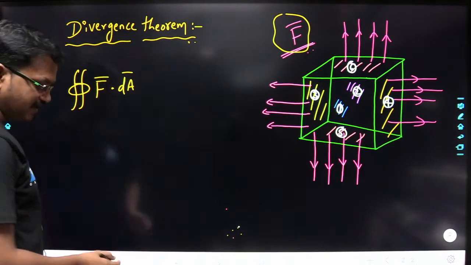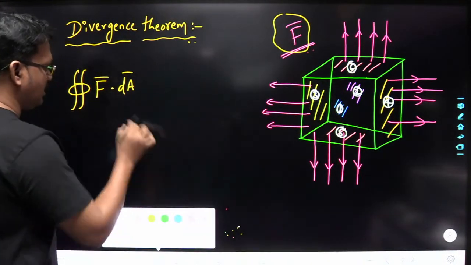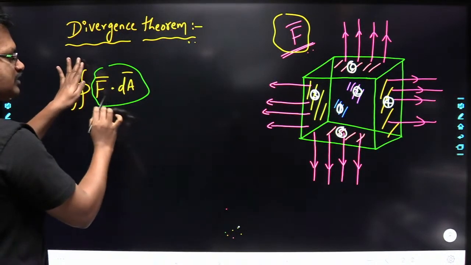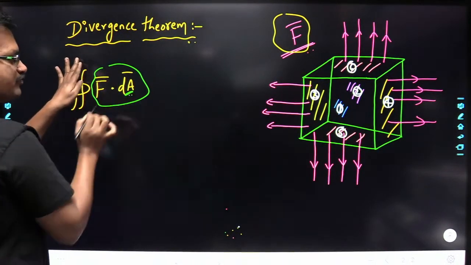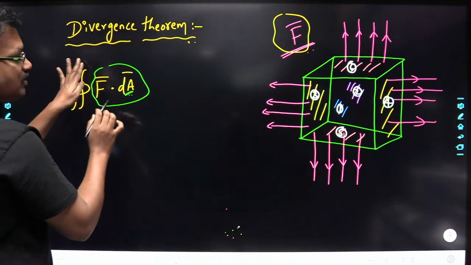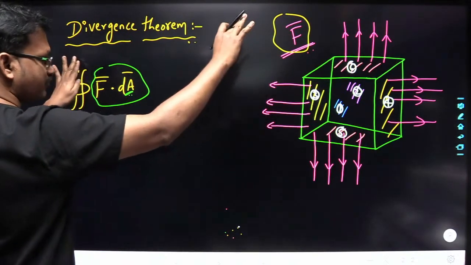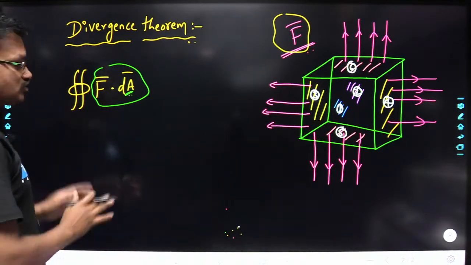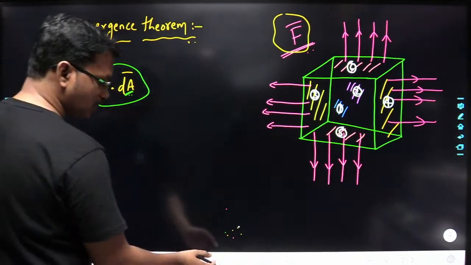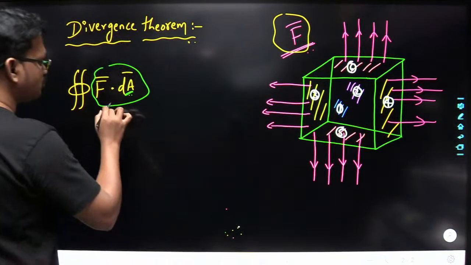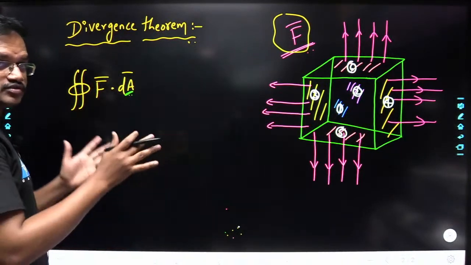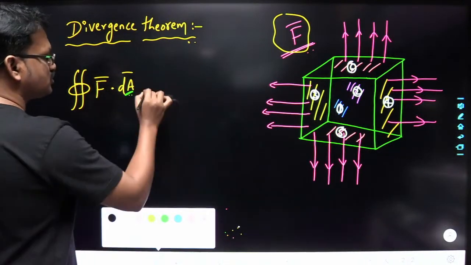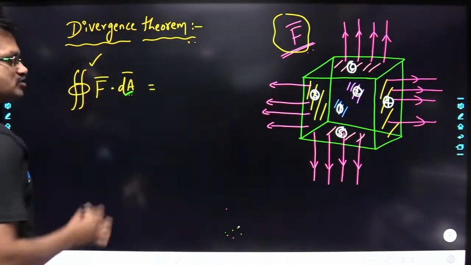See, F bar dot dA bar will give you the flux through any small differential area. Now if you want the flux through the total closed surface, then you have to integrate throughout the closed surface. So this is going to give you the flux through the closed surface.